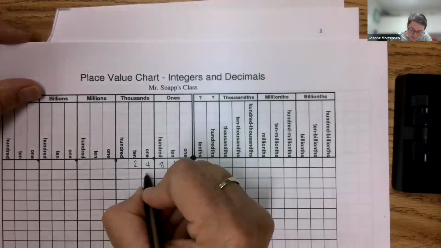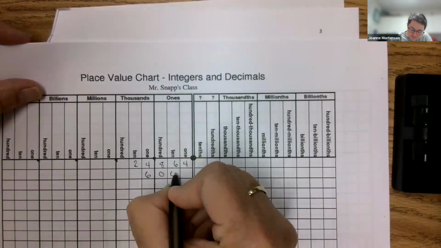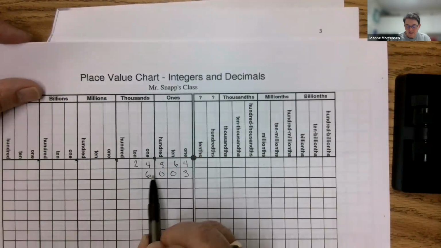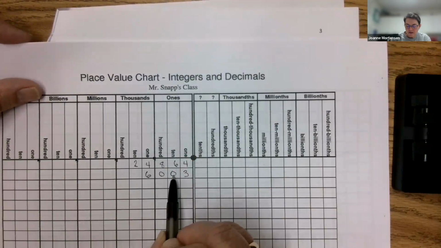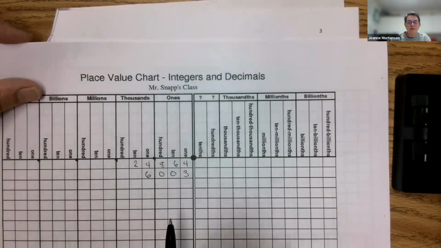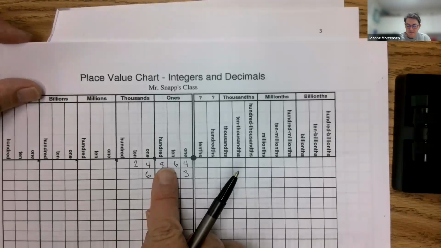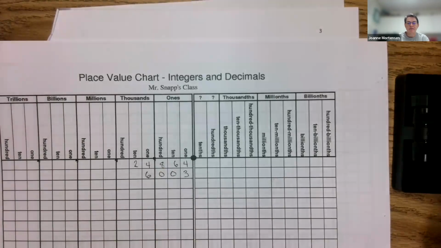So we put it here. That means there's 6,000s, there's no hundreds, there's no tens, and then there's 3 ones. Without that, I guess it would look like 63. And there's a lot of difference between $6,003 and $63.